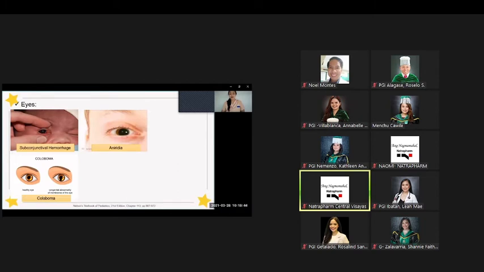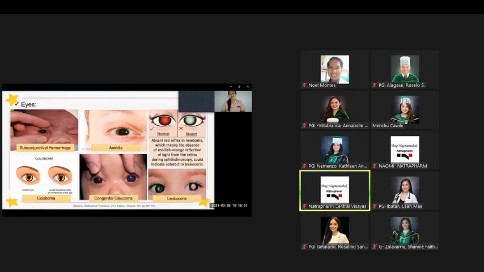So the iris should be inspected for colobomas and heterochromia. Coloboma is a congenital malformation of the eyes causing defects in the iris, lens, or retina. Aniridia is the absence of the iris, as you can see in this picture. And if you note a cornea is more than 1 centimeter in diameter or there is corneal clouding, this suggests congenital glaucoma and requires prompt ophthalmologic consultation, as well as for leukocoria.